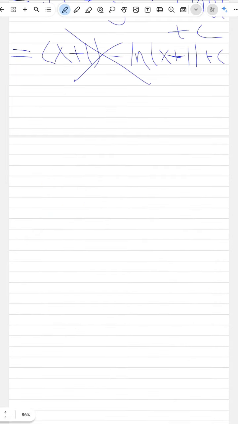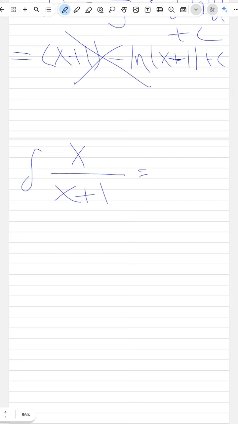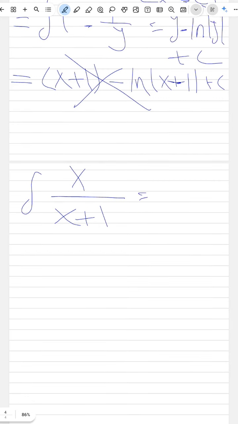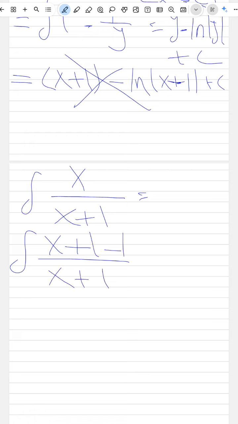The correct answer is by adding and subtracting 1 in the numerator, so x plus 1 minus 1 over x plus 1.